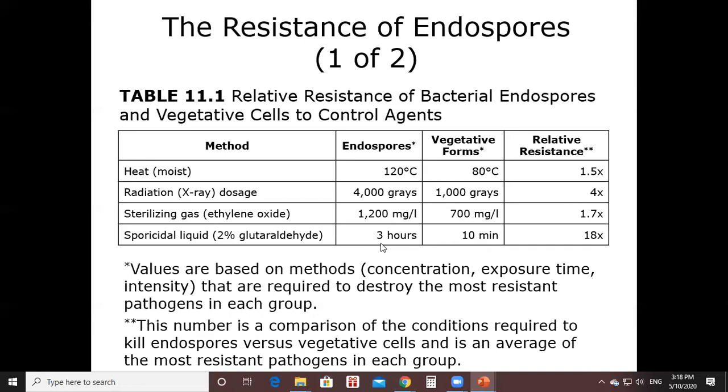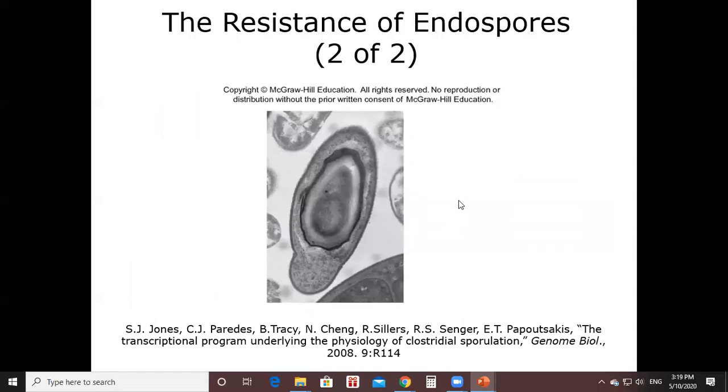So if you had a liquid that could kill spores, you'd have to let it soak for 3 hours in order to kill the endospores, but you only would have to let it soak for 10 minutes if it was just vegetative forms. Okay, that's where we're talking about resistance of endospores. This is an organism that has an endospore.